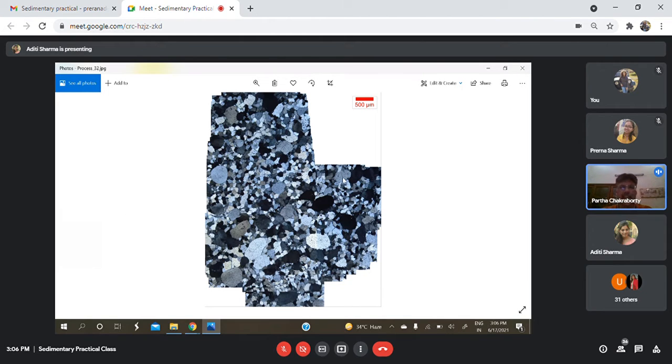Matrix content is less than 5%, and they are grain supported. The roundness is more in the larger grain, and less in the smaller grain. So all these you have to describe: the mineralogy, the cement, the sorting, the roundness, everything. You have to give a photograph and then name the rock. This is how we do it.